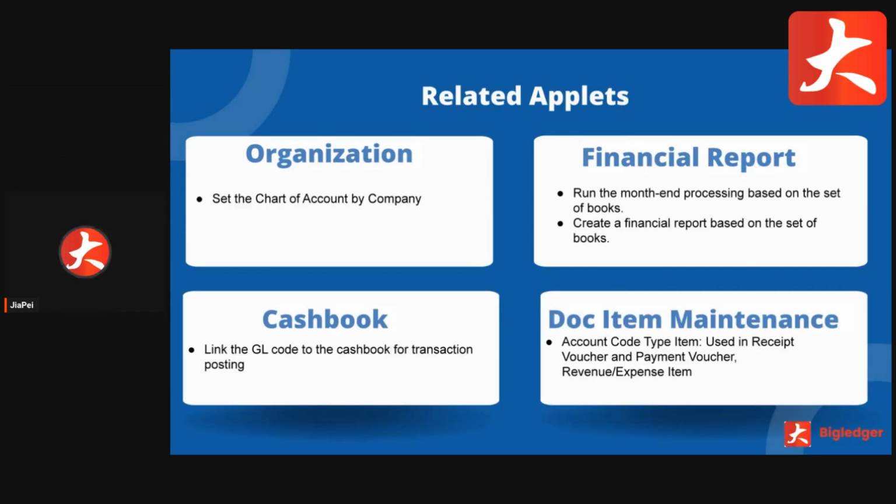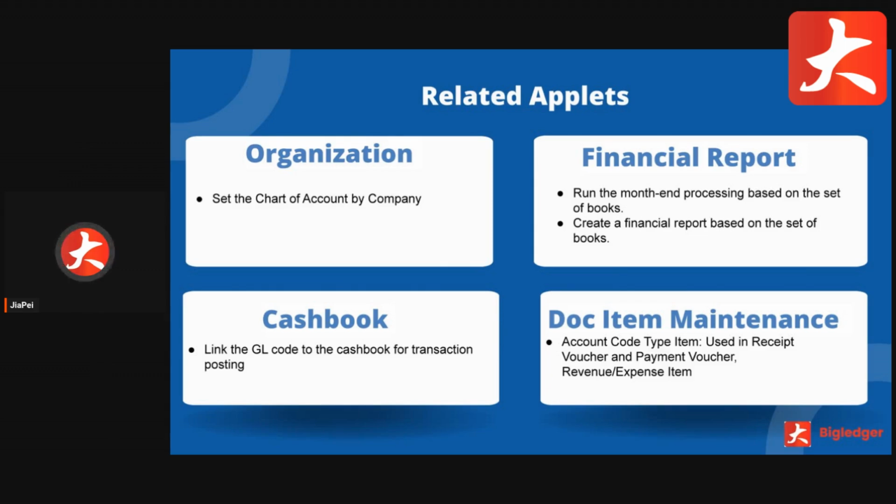The related applet for the chart of account is from our organization. Before we create any new company, we need to create our chart of account first. So in organization, we select the COA, and the next one is cash book. Cash book is to create our cash related to our bank account, cash book account, or any settlement method that we want to post to which GL code.